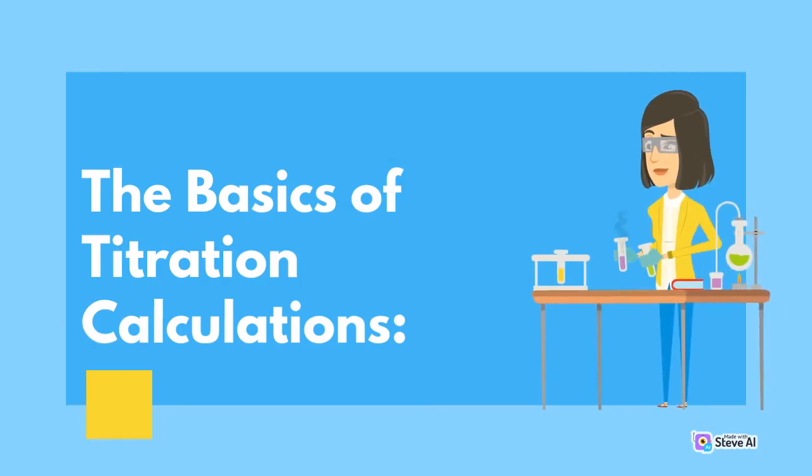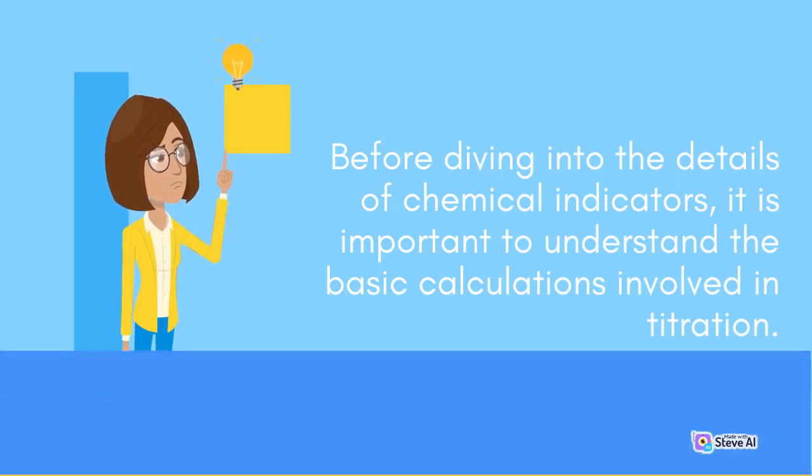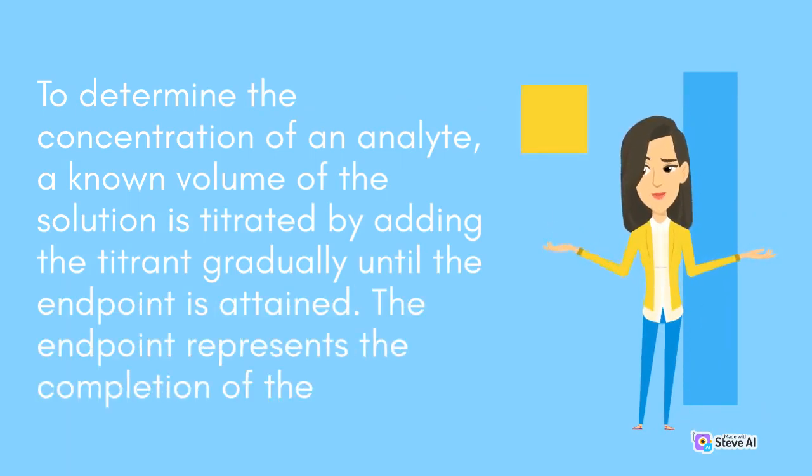The basics of titration calculations. Before diving into the details of chemical indicators, it is important to understand the basic calculations involved in titration. To determine the concentration of an analyte, a known volume of the solution is titrated by adding the titrant gradually until the endpoint is attained.